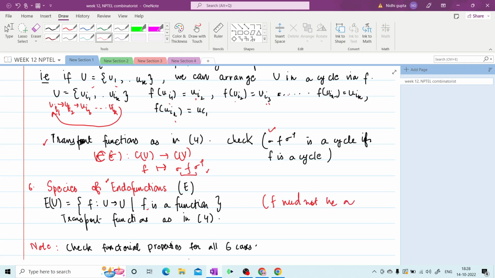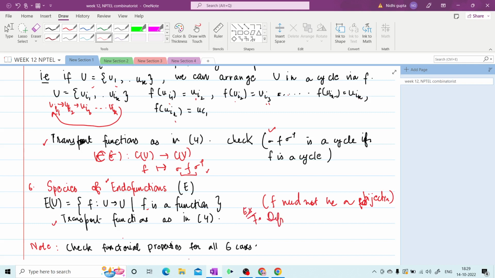So any function will go in this set. Here also the earlier transport functions will work. So we have done these examples. Now, again there is an exercise.